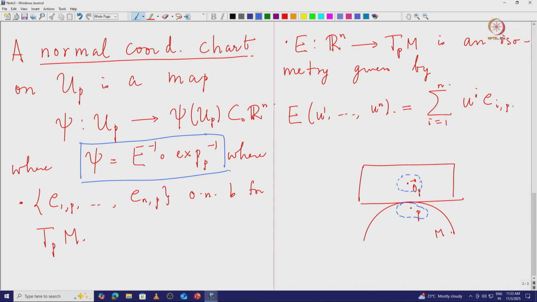So for your map psi, what you do is you go via the exponential map inverse and then map via this E inverse to some R n. Of course you will map P to the origin, but then you get this sort of diffeomorphism from U P to some open set in R n, which is what our map psi is, right. So psi is basically this composition.